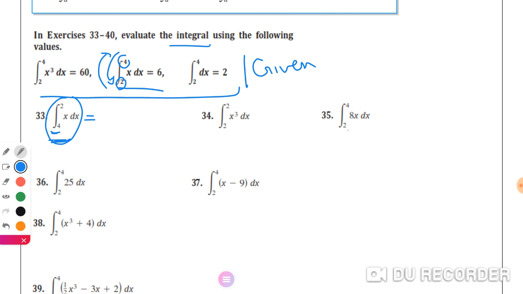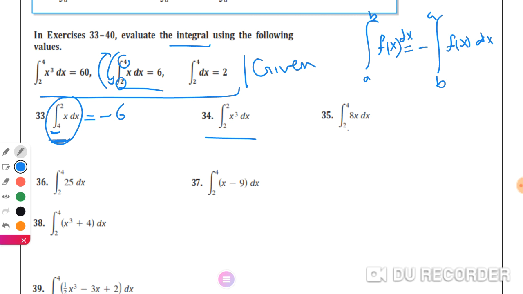If you switch the upper limit with the lower limit in the definite integral of any function, I just take the opposite sign. I remind you, the integral from a to b of f of x equals negative the integral from b to a of f of x with respect to x. That is one of the properties.